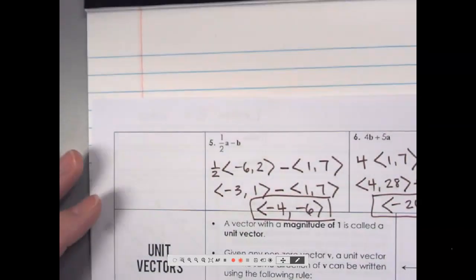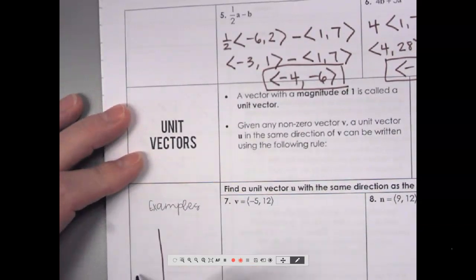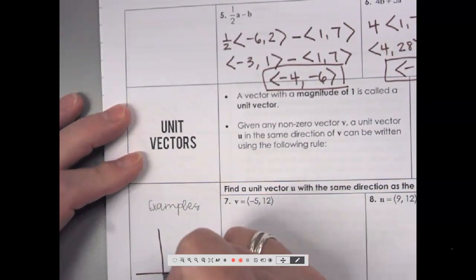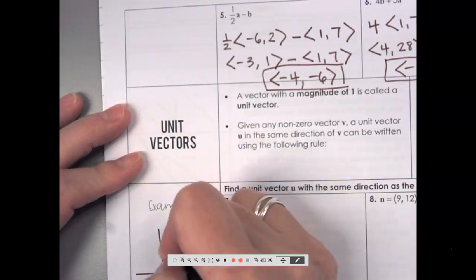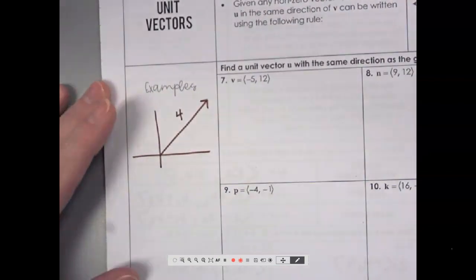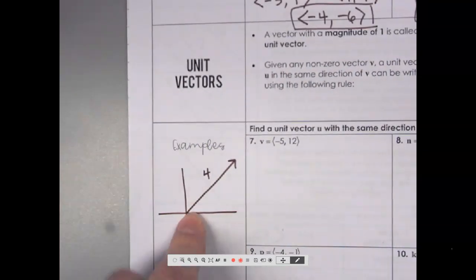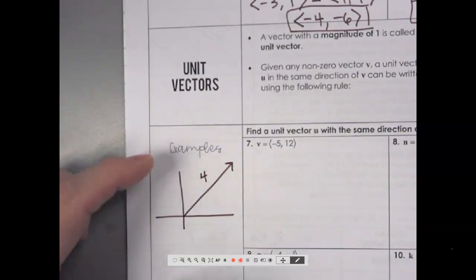Let's picture if I had a vector that was length or magnitude 4. Then the unit vector for this vector would be in the same direction, so it would fall right along with it, but have length of 1.